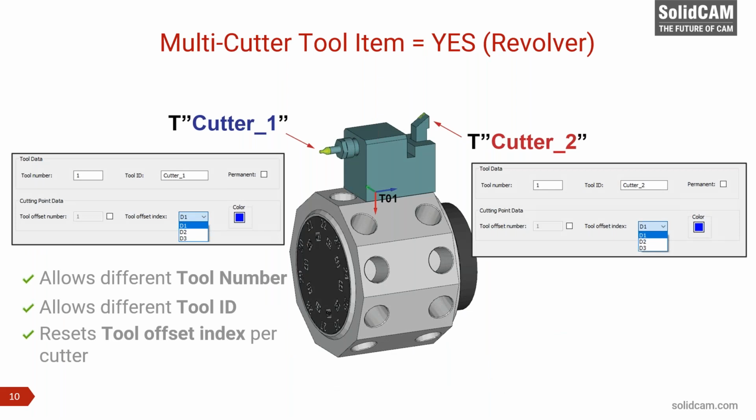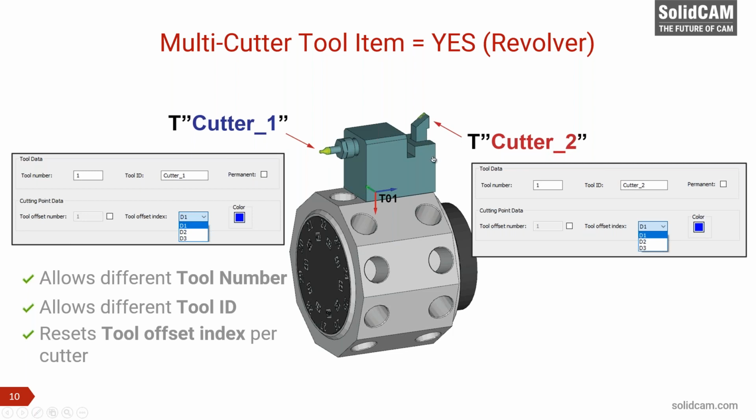Right, and now let's get to things when we set a particular turret with a multi-cutter tool item to be yes. I split this to a revolver and to the spindle, and in this case, I will take the example when I'm calling my tool with a tool ID. So I call my cutter by cutter ID 1, and here also cutter 2 over here.